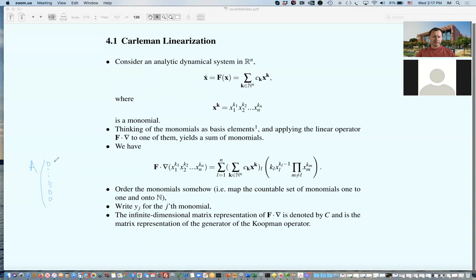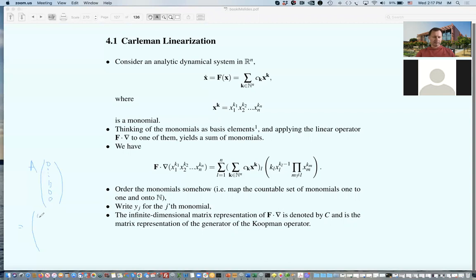So let's say A acts on this vector that is a basis vector of coefficients 0, 0, 0, 0, 0, 1 at the jth place, and then 0, 0. This is clearly going to result in picking out elements of A, right?